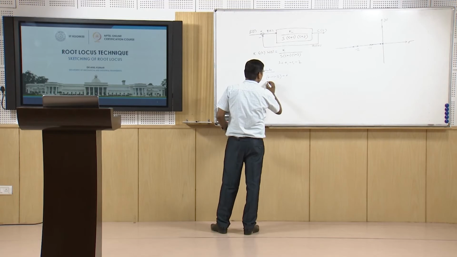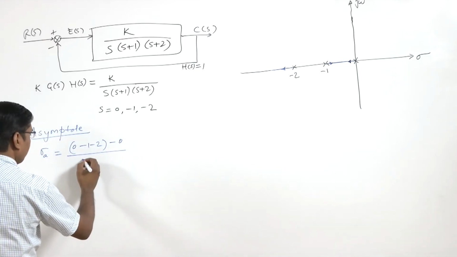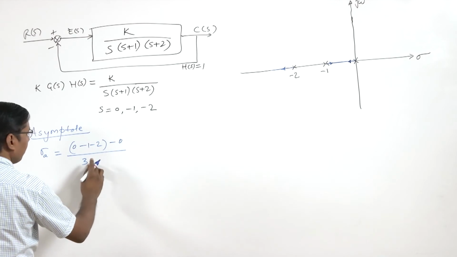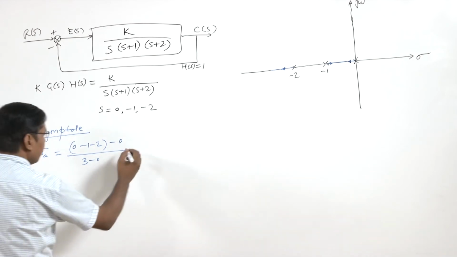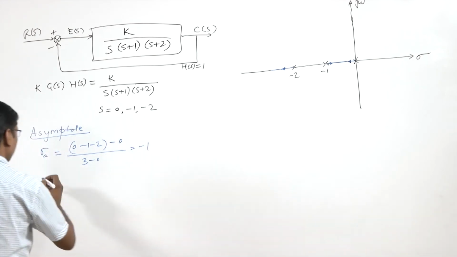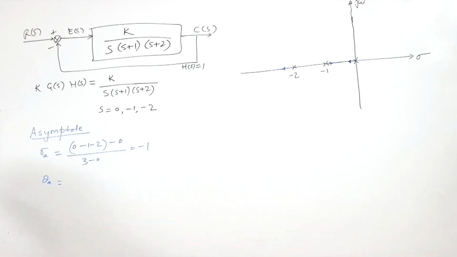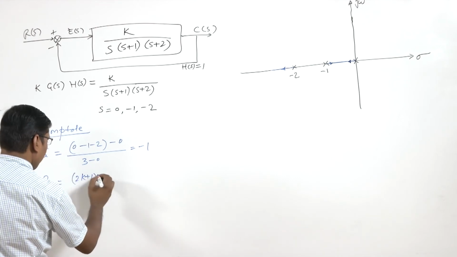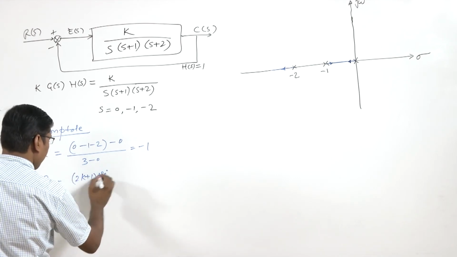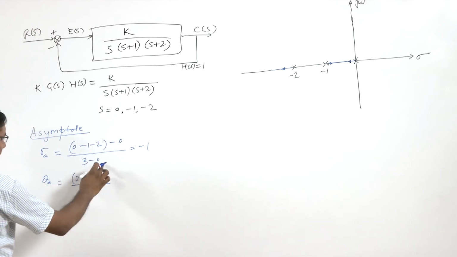There is no zero, upon the number of finite poles, that is 3, minus the number of finite zeros, that is 0. So we are going to get it as -1, and then theta A equal to (2k plus 1) into 180 degree by the number of finite poles minus the number of finite zeros.